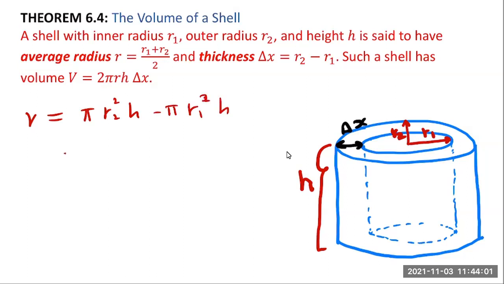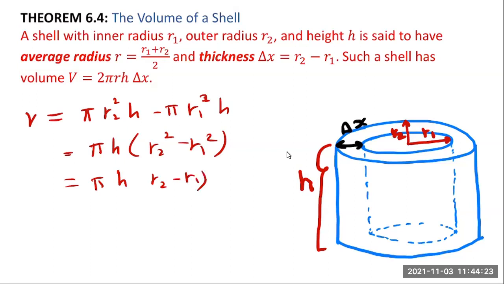Now let's simplify this and see whether we get this formula. I'm going to pull out a pi times h because that's common for both terms. So you get R2 squared minus R1 squared. Now I can use the difference of squares to factorize this: R2 minus R1 times R2 plus R1.